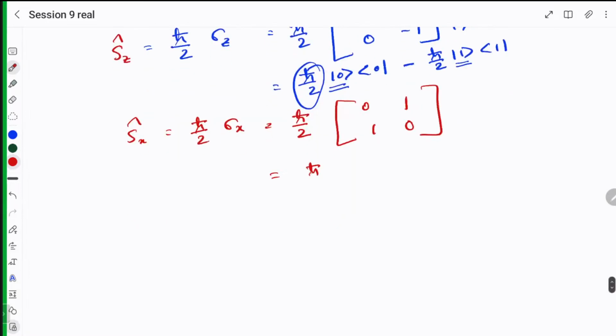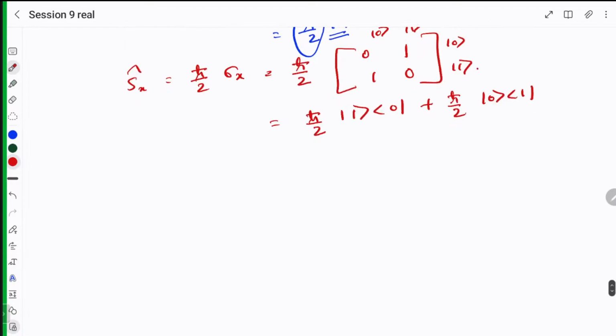But here this is again in the |0>, |1> basis. So in this basis, this would be like h cross by 2 |1><0| plus h cross by 2 |0><1|. But if I know what the eigenvalues and eigenvectors are, I can write it in another form also. The eigenvalues are plus h cross by 2 and minus h cross by 2.